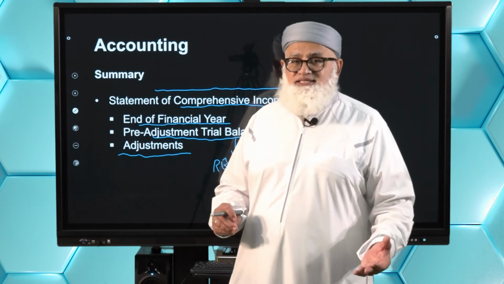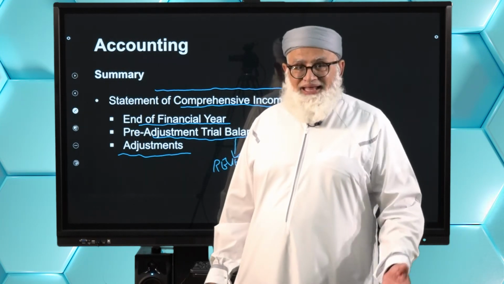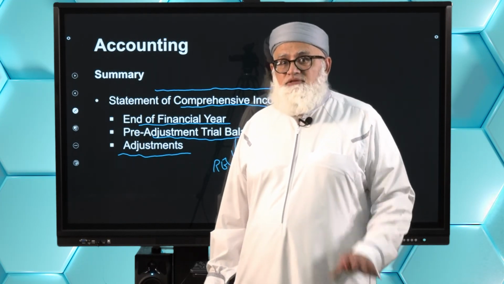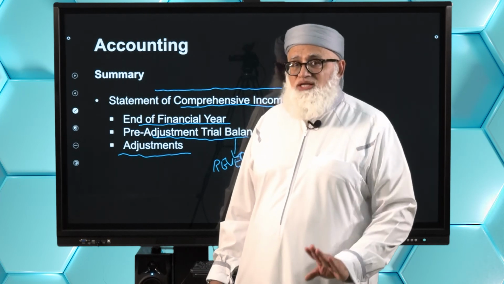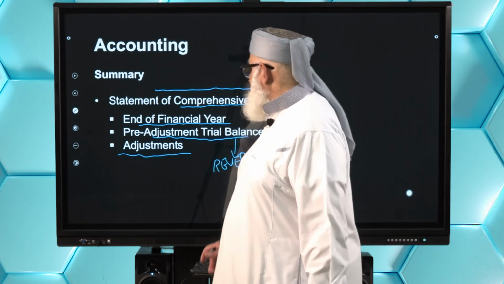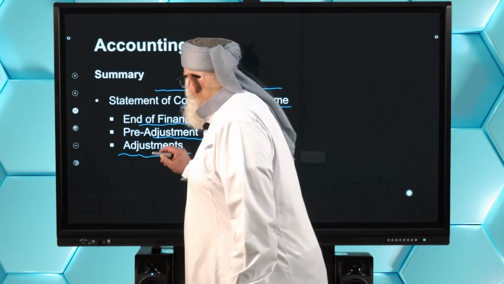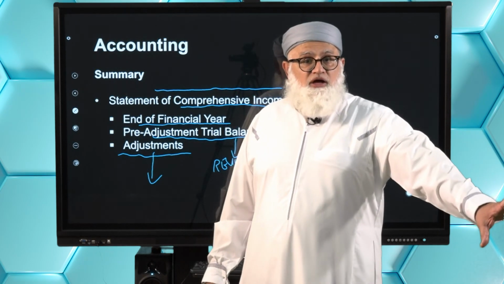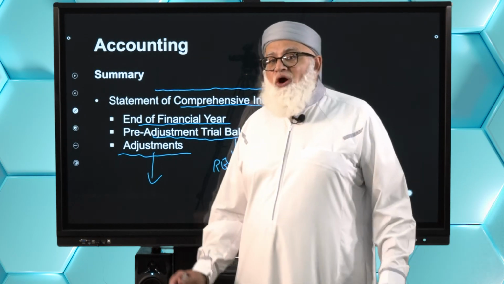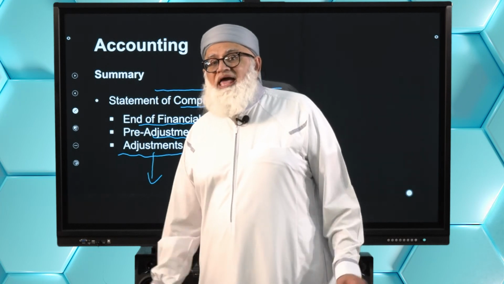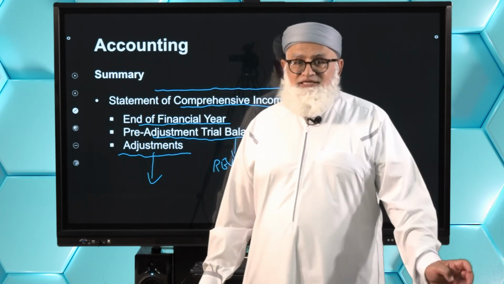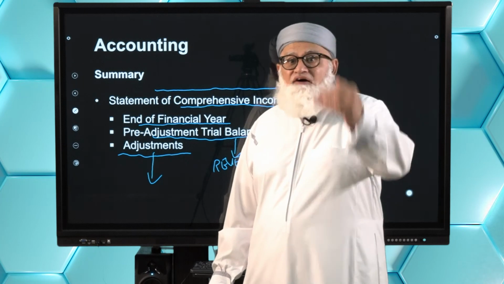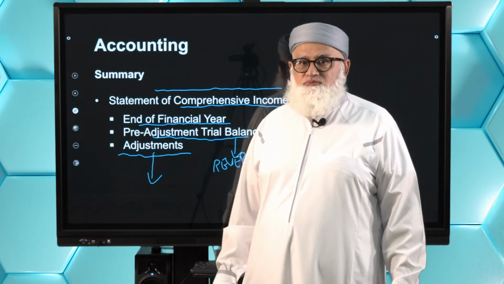In a future lesson, we will be dealing with the balance sheet in more detail. Today's lesson, the emphasis was on the income statement. So once you are done with your adjustments, you've now completed your statement of comprehensive income, and you are left with what we call a post-adjustment trial balance. In other words, the trial balance after you've done all your adjustments.